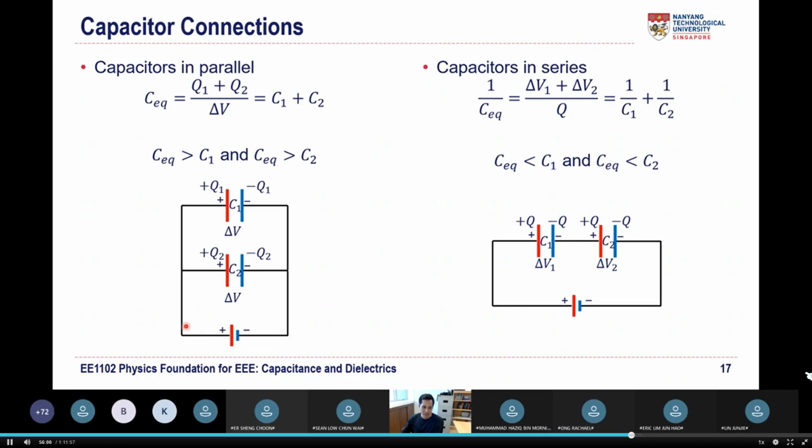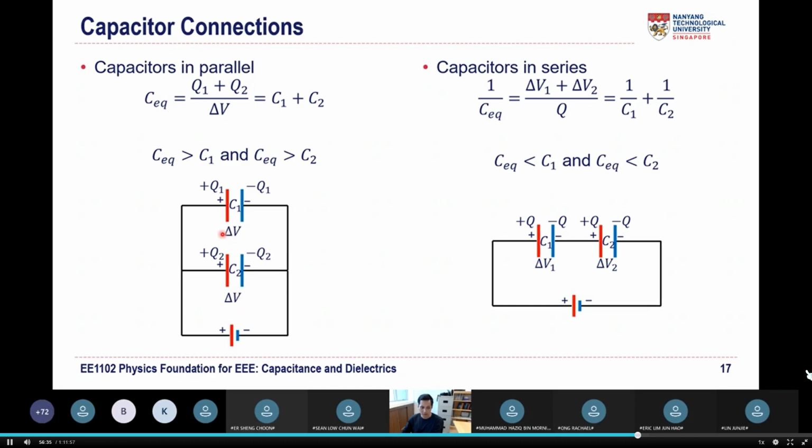But the charge that came out from this electric potential source has to be divided between either the first capacitor or the second capacitor. Then the equivalent capacitance of such a system is given by this equation, where the charge coming out, Q, has to be divided into Q1 plus Q2, but the two capacitors connected in parallel have the same voltage across them.